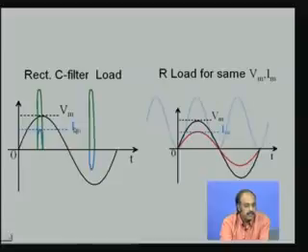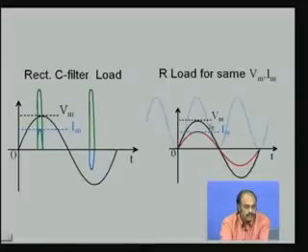Now let us find the power. Power is nothing but the multiplication of the voltage curve and the current curve. Multiplying the voltage and the current curve, all these portions will be 0 in the case of the C filter load. So this portion alone, where there is a finite current and a finite voltage, you will have a power curve.